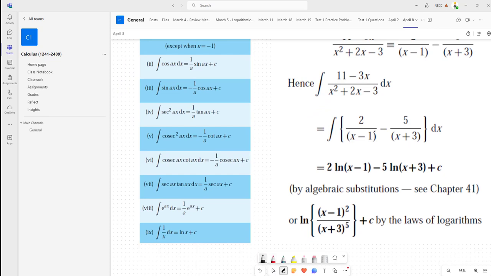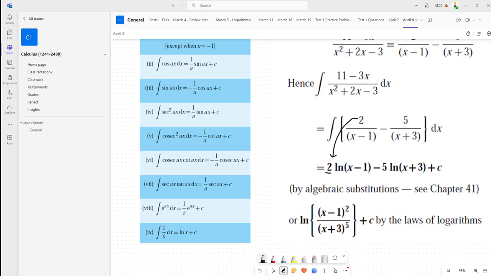And so what's going to be a common one is when you have a number over a fraction, where there's x in the denominator and a number in the numerator, this number in front is going to come down into the front. For x minus 1, what we need to do to evaluate this is a simple formula which we can substitute in.